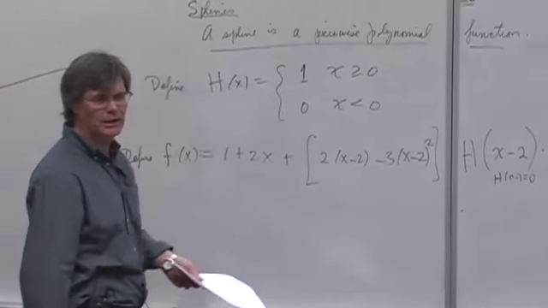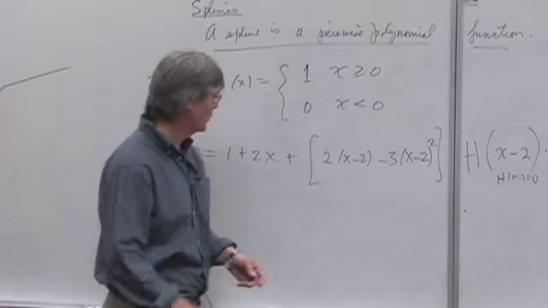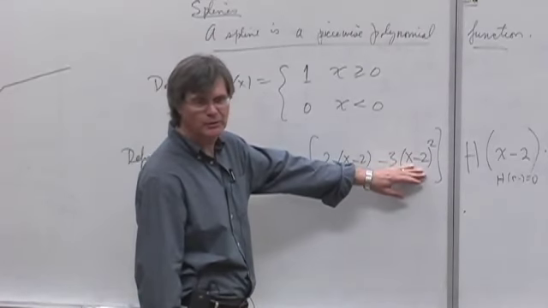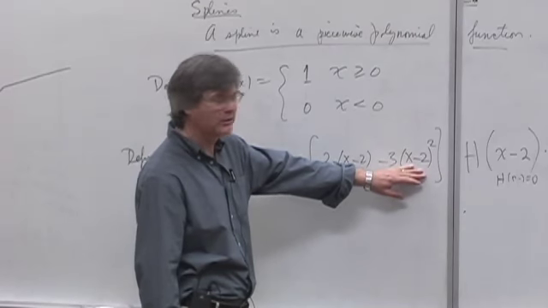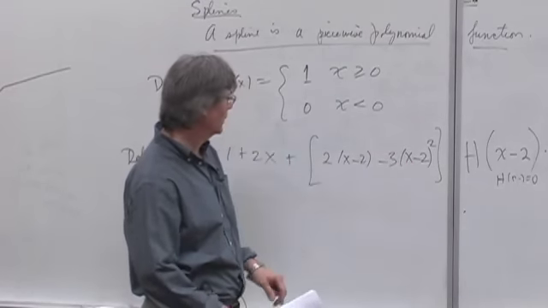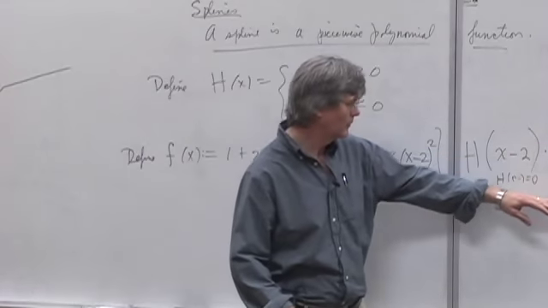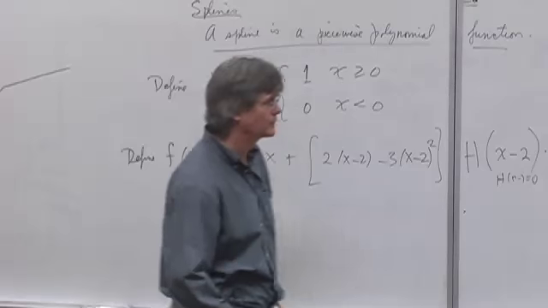Well, I went through the calculations here, but basically, what's the slope? This term is not going to give me any slope, right? At x equal to 2. At x equal to 3, it's going to give me something, okay? But at x equal to 2, it'll only give me this. So at x equal to 2, I'll get this 2. You get 2x plus 2x, so it's 4 there.